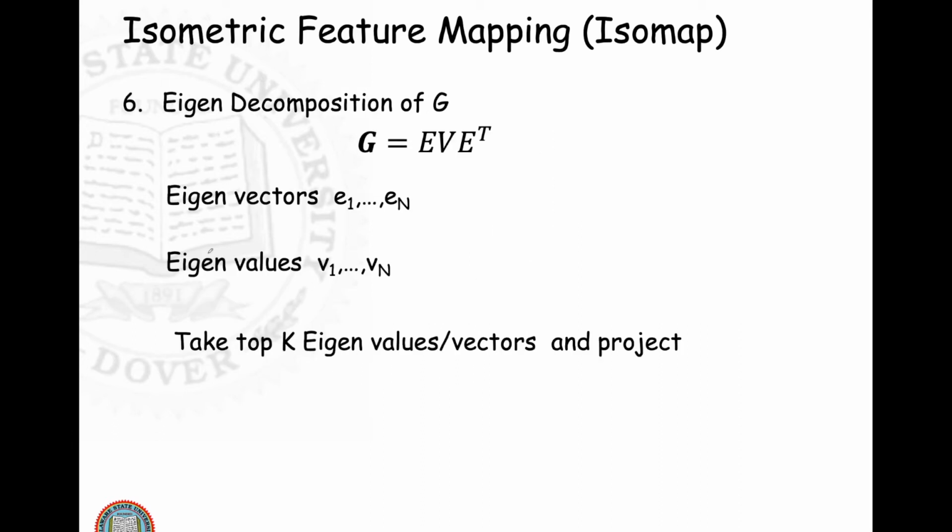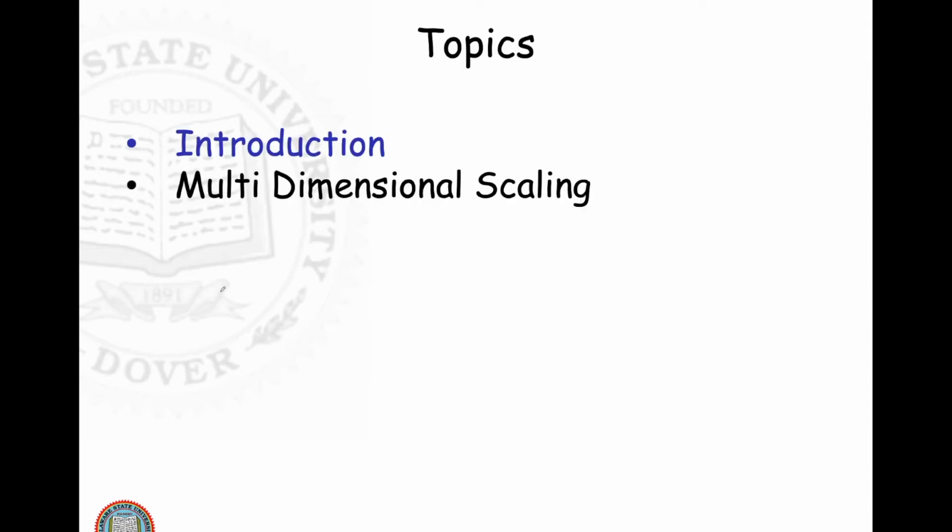Then you diagonalize this affinity matrix using the eigendecomposition. The top k eigenvectors, corresponding to the top k largest eigenvalues, you take those as your new representation, and then you project your data onto these top k eigenvectors. That's your new representation, and it respects the geodesic distances.